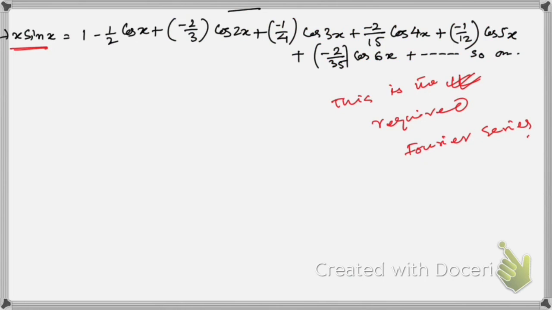So in order to show that, just put x is equal to pi by 2. Putting x is equal to pi by 2, then what you will get?